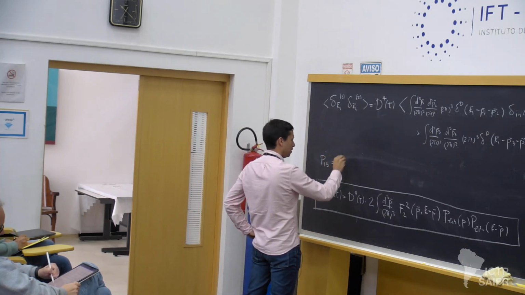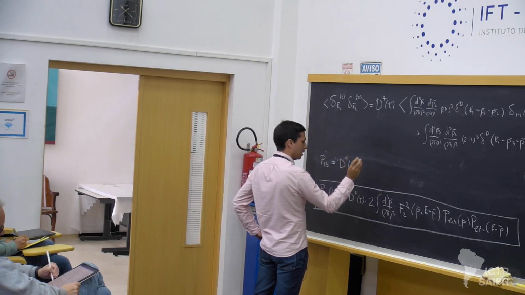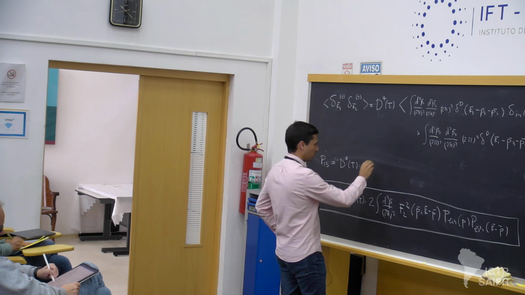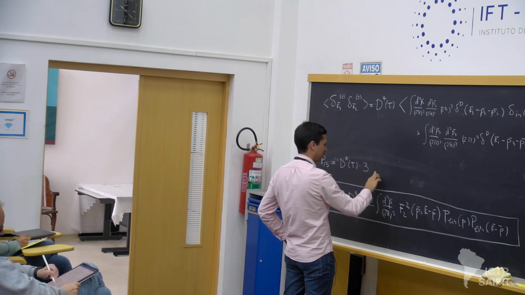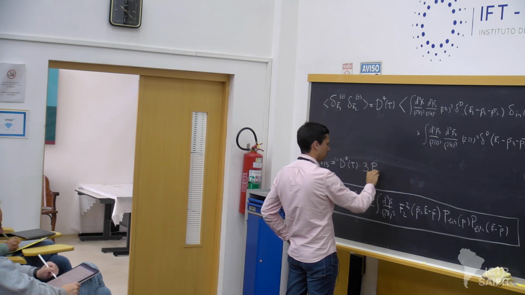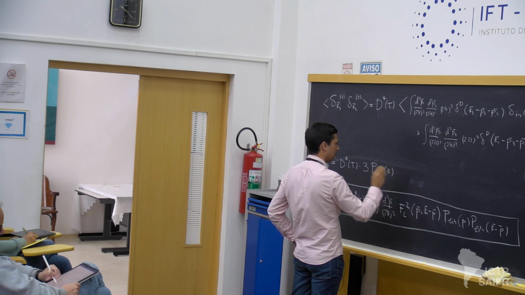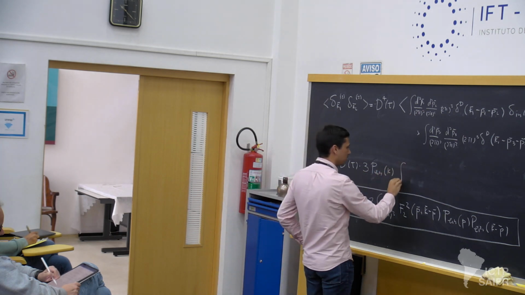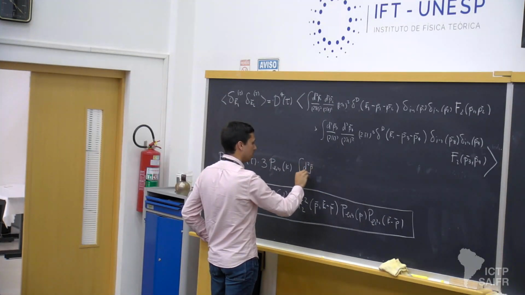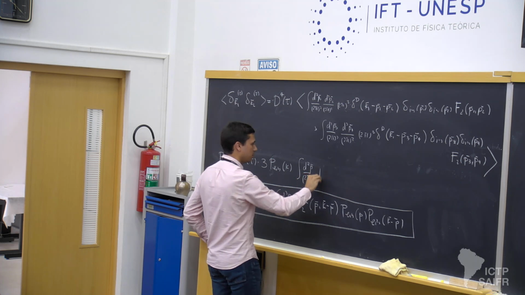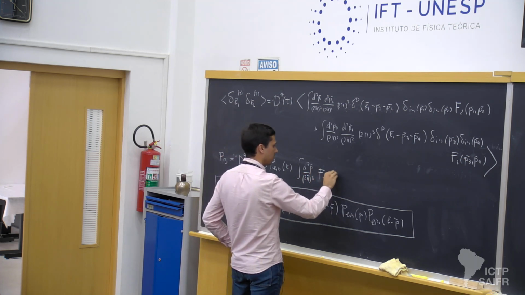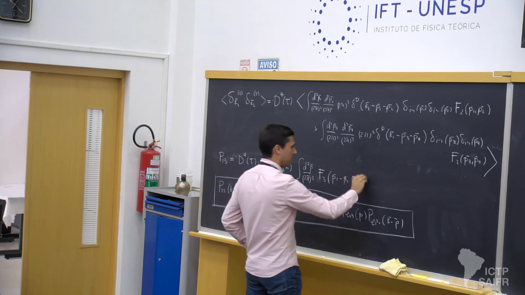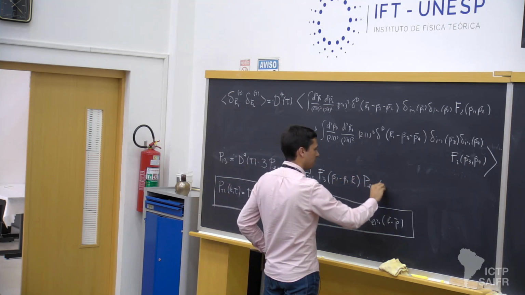There will be D to the 4 of tau. There will be now 3 times P linear of k, and then there will be some integral d3p over (2 pi)^3 F3 of p, minus p and k, and then P linear of p.